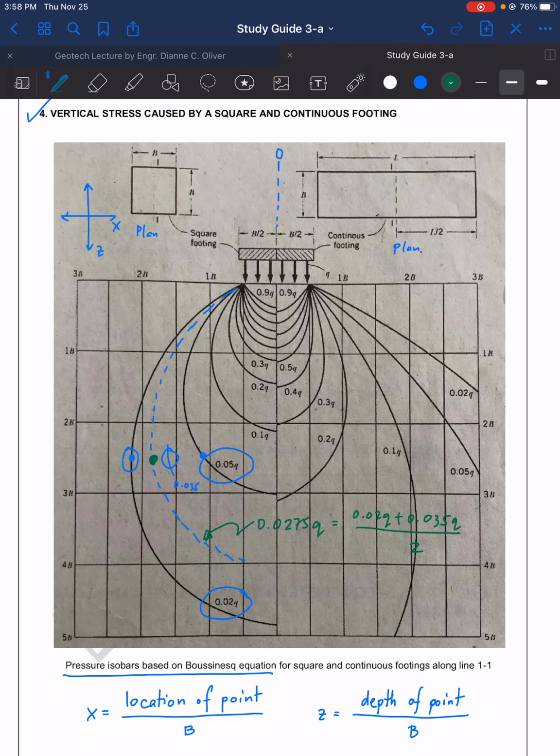Remember the chart, the pressure isobars, has the point of origin at the middle of the footing, and we divide by the base.